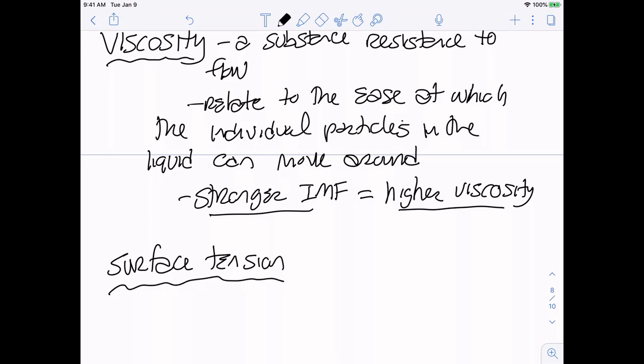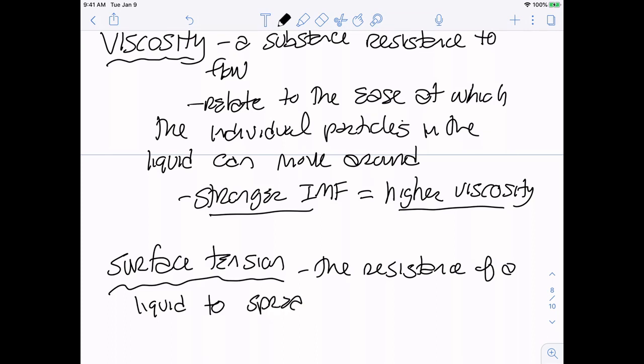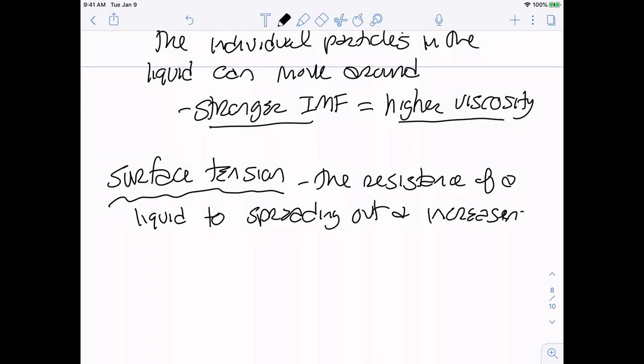So surface tension is defined as the resistance of a liquid to spreading out and increasing its surface area.